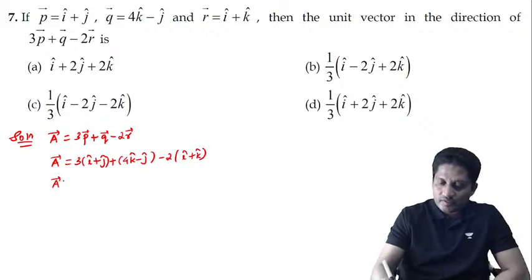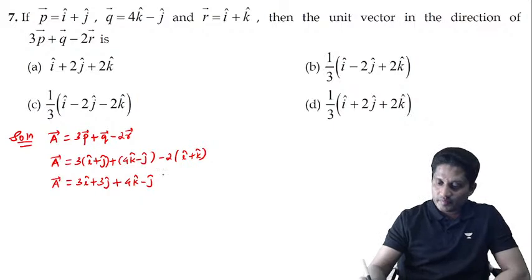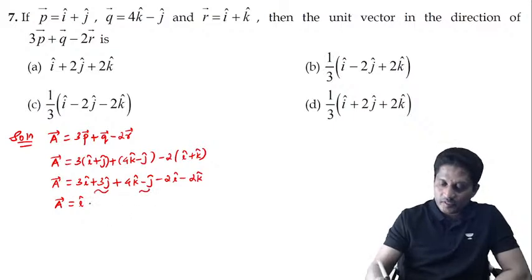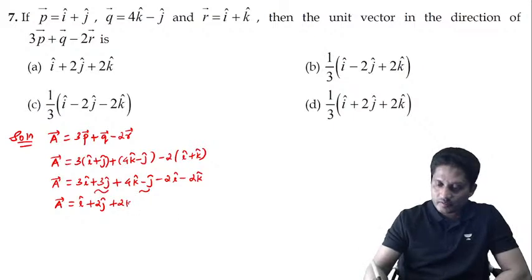So vector a is 3i plus 3j plus 4k minus j, and opening the bracket, minus 2i minus 2k. Now vector a is 3i minus 2i, which is i, 3j minus j, which is plus 2j, and 4k minus 2k, which is plus 2k.